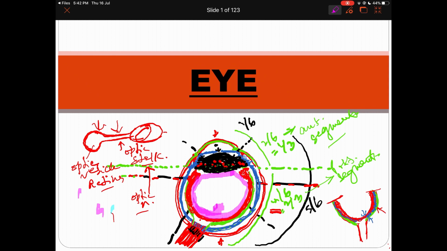So much so that these two layers, the neural and non-neural layers of the retina which have coalesced at the ora serrata, will never be separated as long as your vitreous body is intact, and even the spherical shape of the lens will be maintained by this also. Okay, this is your vitreous.